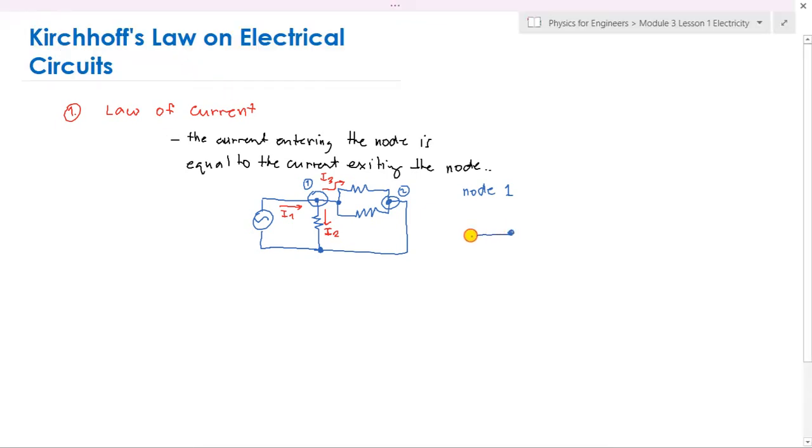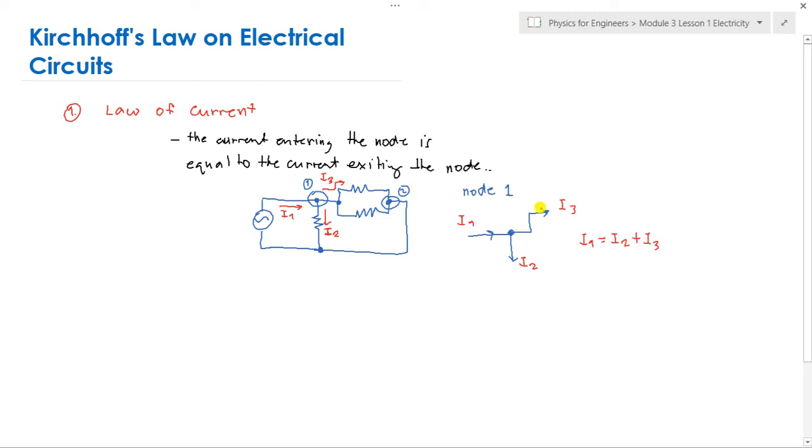The current that enters is I1, this one is I3, this one is I2. So by the law of current, I1 is equal to I2 plus I3, because I1 is the current that enters, and both I2 and I3 are the currents that exit node 1.